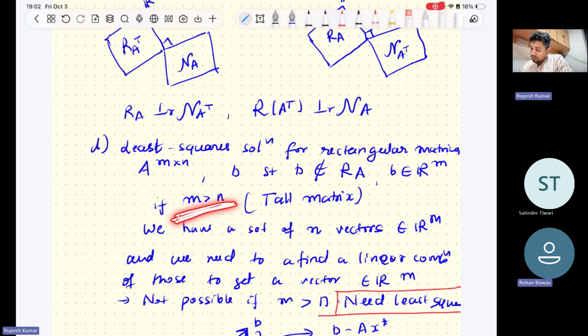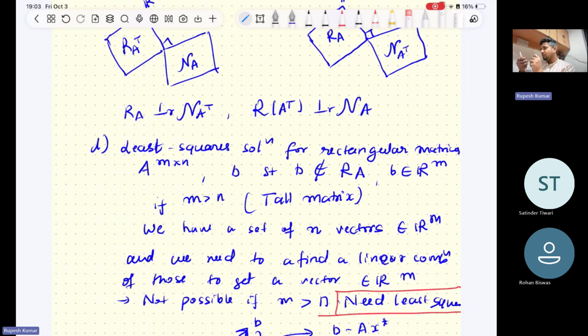Is this clear? This is straightforward. We don't need to think of tall matrices after this. You are getting a very large number of points. This is one way of looking at it, but the other way is you have m dimensional vectors, and you are choosing n such vectors such that n is less than m, and all are linearly independent, and you are taking their linear combinations to form another m dimensional vector.